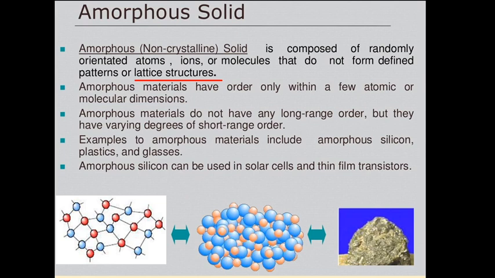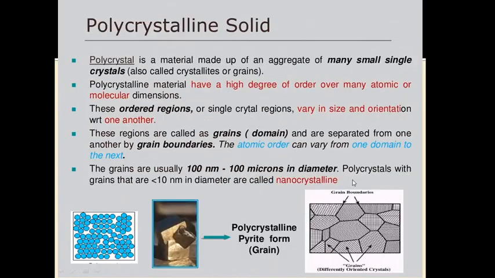A partial ordered arrangement of the geometric positions of atoms is available in glasses, but in general glass is considered to be an amorphous material. And nowadays the very well-known hot topic is the solar cell, and for solar cells amorphous silicon is widely used. It is also sometimes used in thin film transistors.